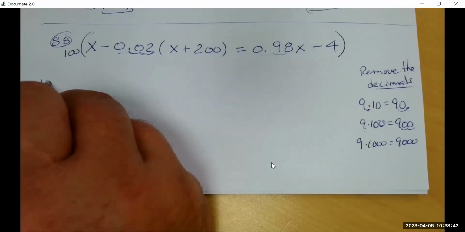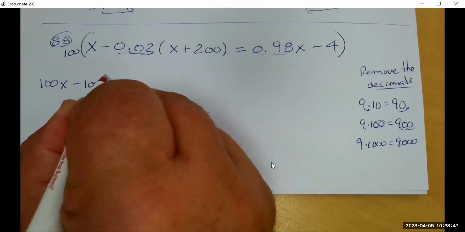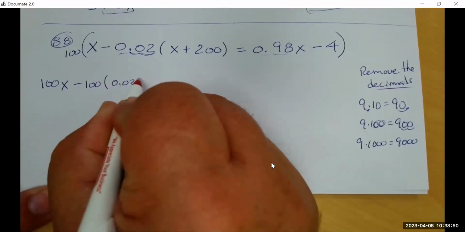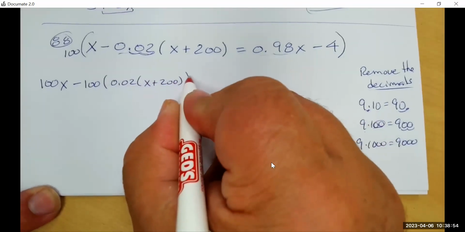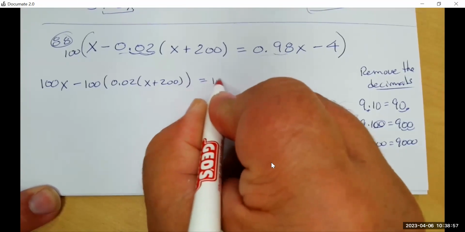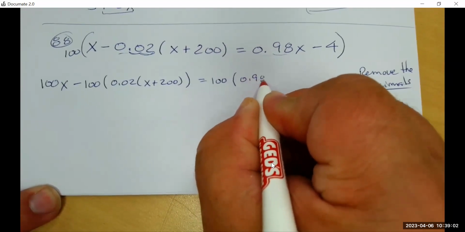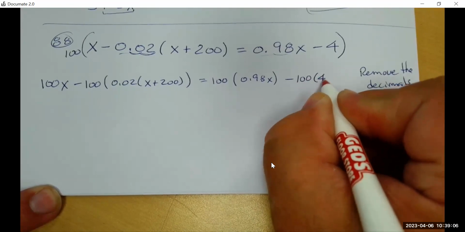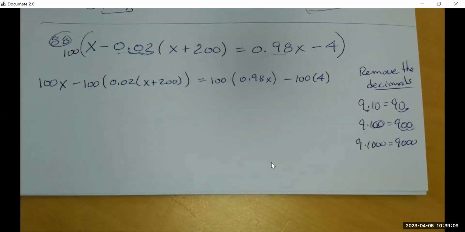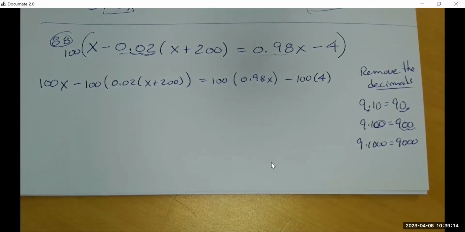So I have to do the same to everything. I have 100 times x, 100 times 0.02, x plus 200, equals 100 times 0.98x minus 100 times 4. How many terms do I have in the original equation?